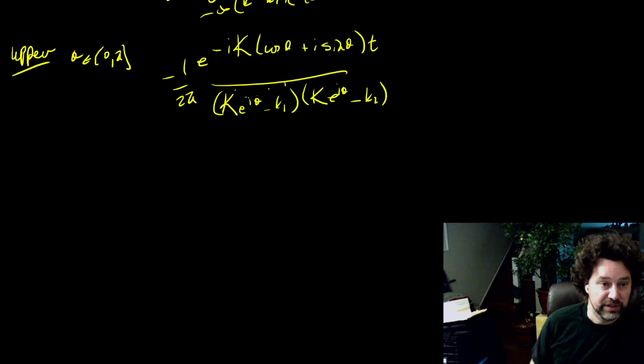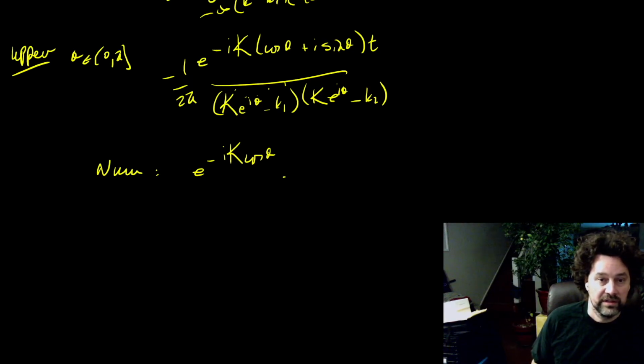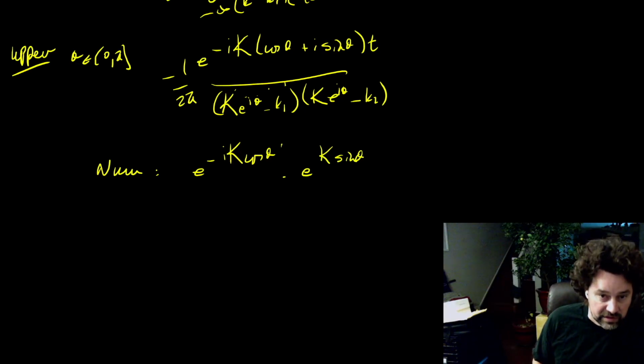But in the upper half plane, when theta is between 0 and pi, then what do we have in the numerator? In the numerator, we have e to the minus i K cos theta times e to the minus i times i, which is plus 1. So e to the K sine theta t, and there's a t here that I missed.